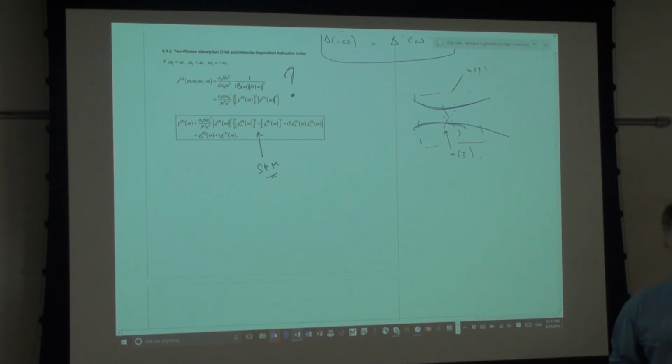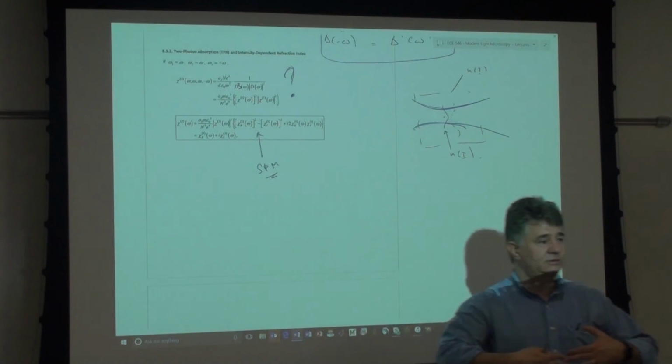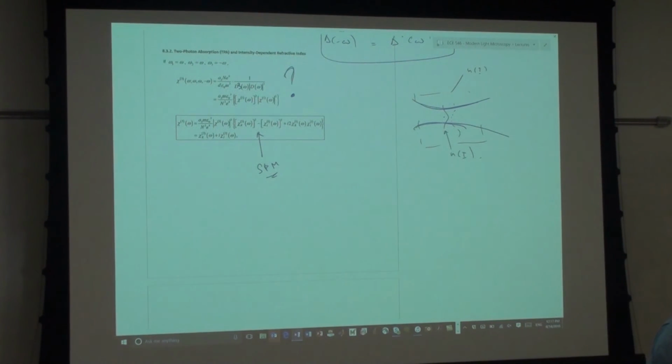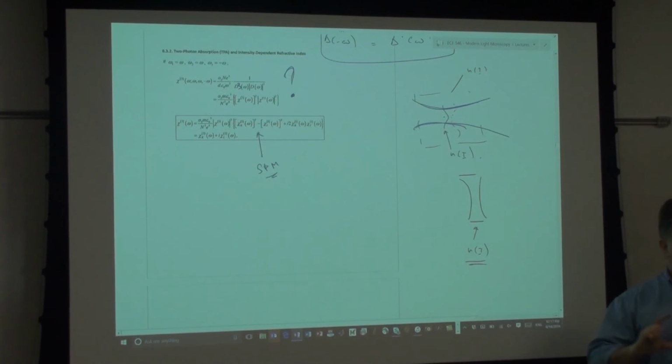It has a negative nonlinearity, so when I apply power, it's actually reducing the refractive index in the center. Essentially, it makes it equivalent to a negative lens. This will be my refractive index versus intensity. You see? The crystal itself turns into a negative lens, which compensates.